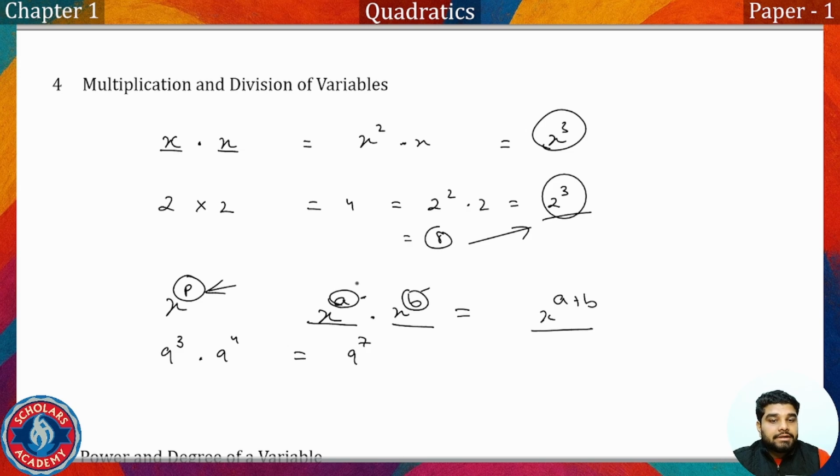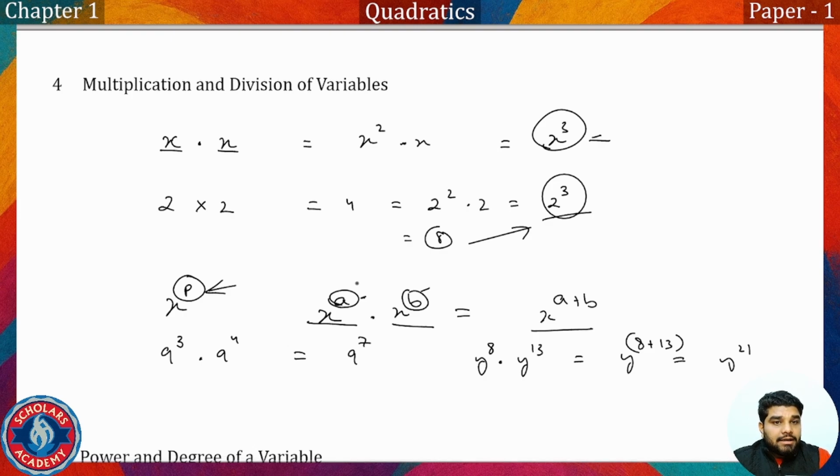Or if I talk in terms of variables, y to the power 8 times y to the power 13. This will be y to the power 8 plus 13, multiplication of y's but addition of powers. This will be y to the power 21. Okay, clear?